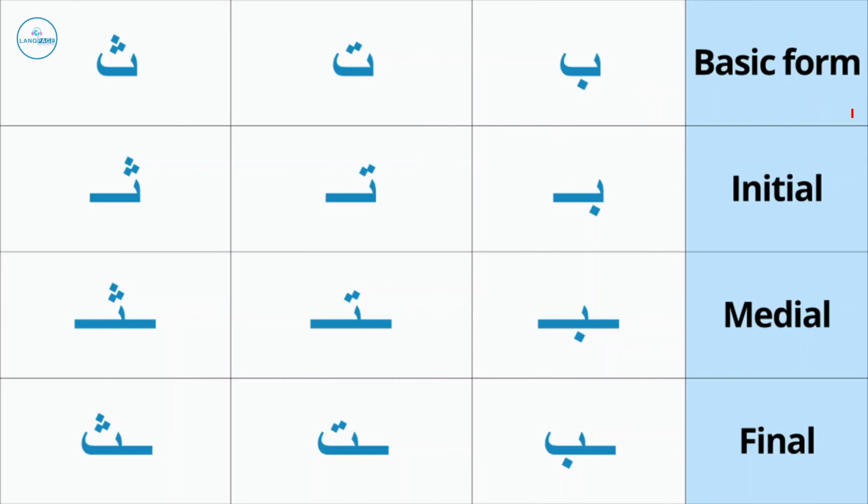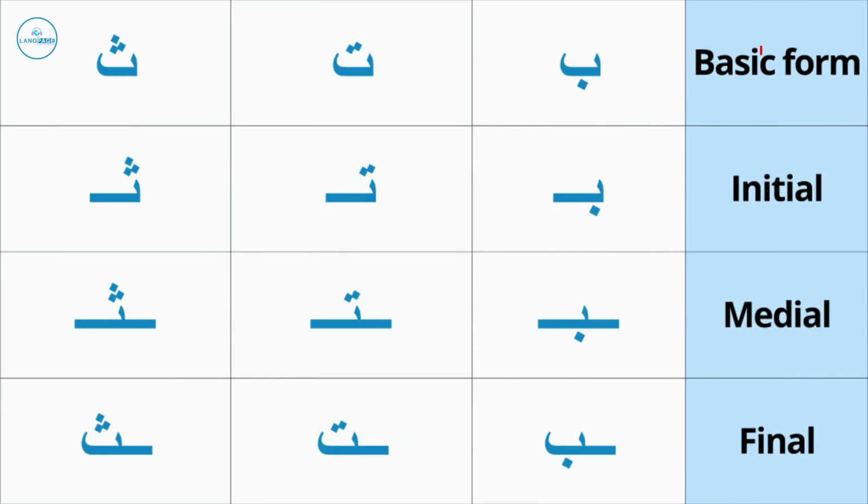The thing I need to tell you is for ba, ta, and tha, I will be explaining the ba, then everything is applied on ta and tha, but you have to be aware of the dots. The dots are the secrets for you to know what is the letter, because if I am having this shape, I cannot tell what it is unless I see what my dot is, whether it was ba, ta, or tha. So please be careful about each dot, how many, and the position of it.